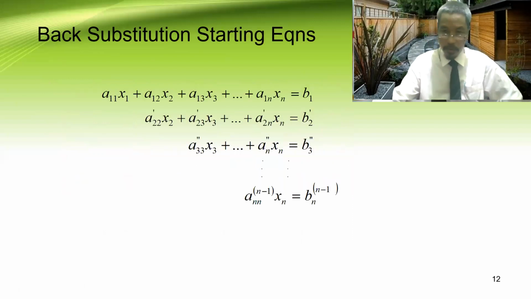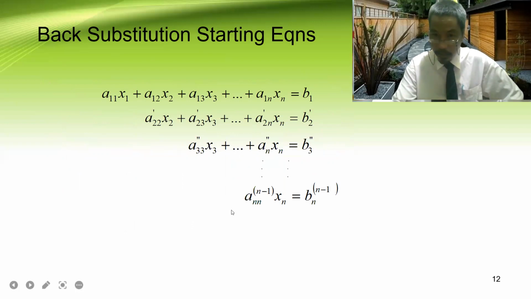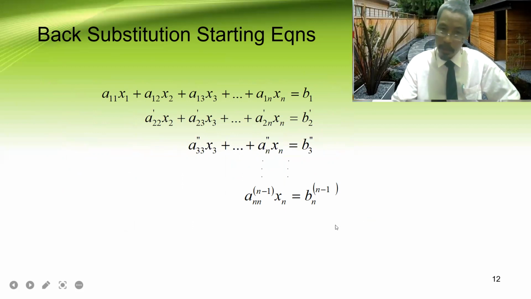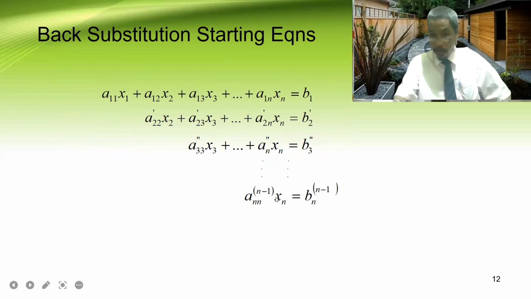So in backward substitution, this is the last equation. We can easily solve for xn by dividing both sides by a_nn^(n-1) prime. So xn is equal to b_n^(n-1) prime divided by a_nn^(n-1) prime. That is the value of xn.